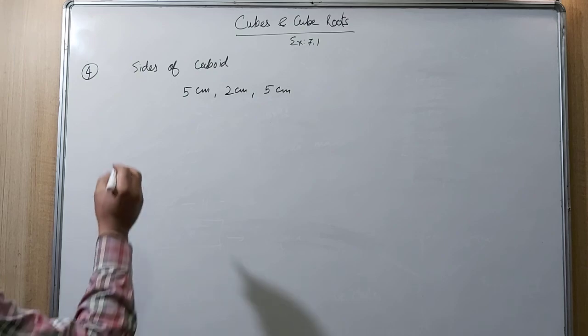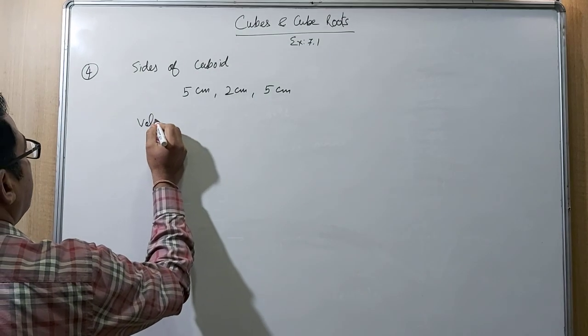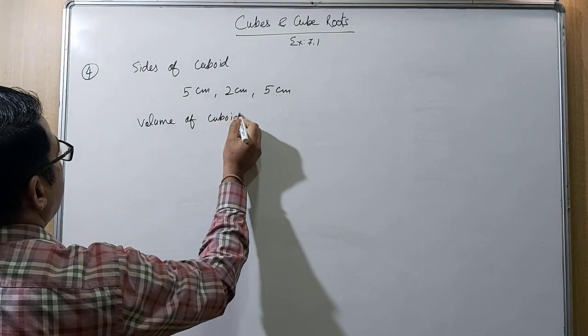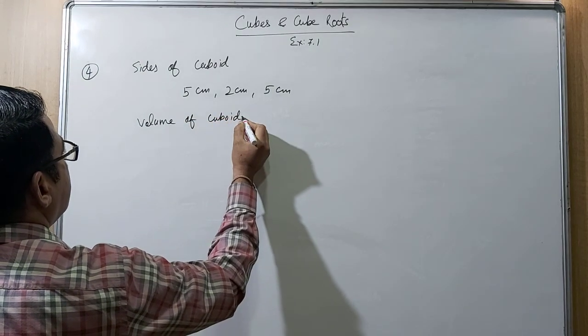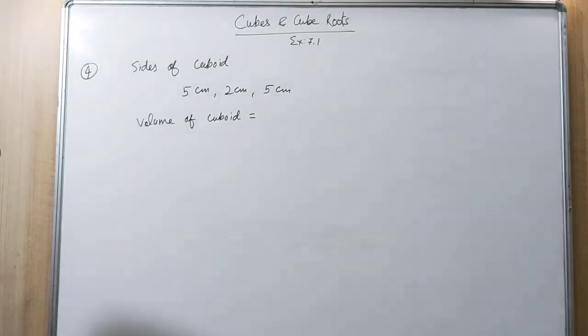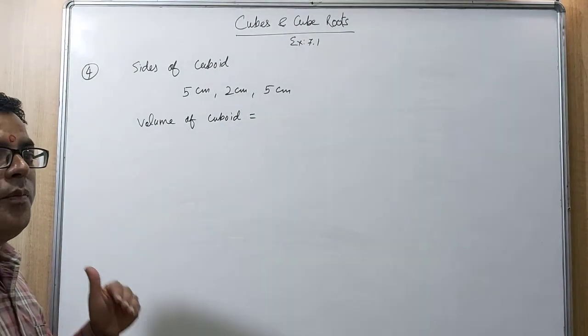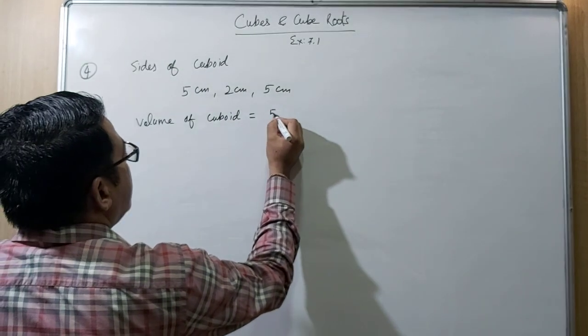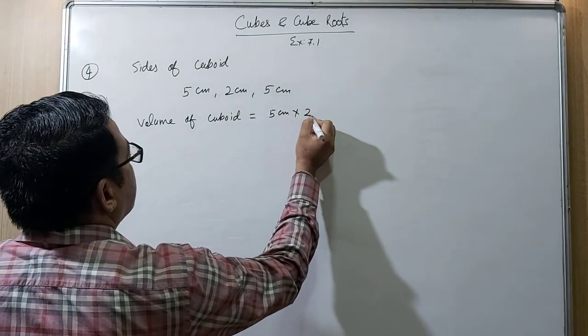So first you need to find the volume of the cuboid. What is the volume of a cuboid? Volume of a cuboid is length into breadth into height. It means all three dimensions we need to multiply together.